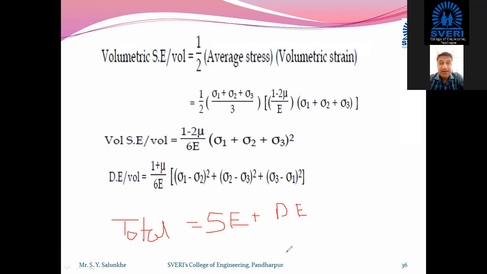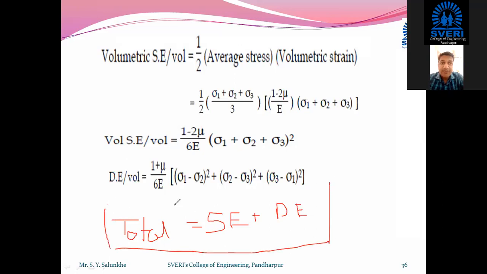In case of ductile material, it changes its shape, and in case of brittle material, it breaks. The energy required to create the strain inside that material plus the energy required to break that material, that total energy becomes this value.